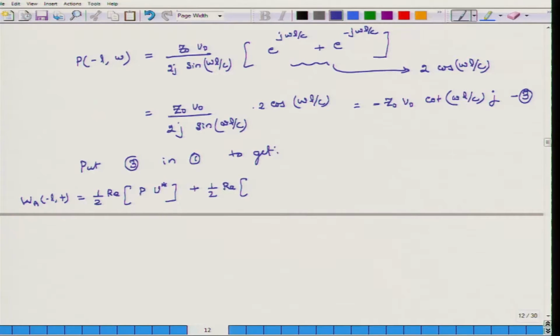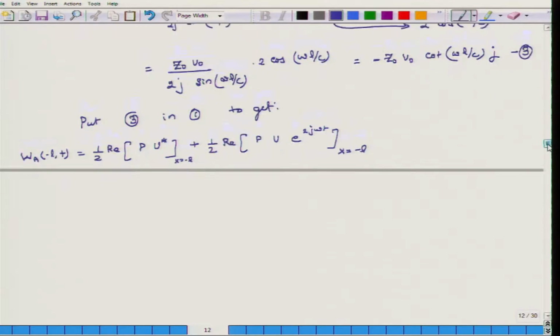So, this is evaluated at x is equal to minus L, and P u, oh I am sorry, e to the 2 j omega t, and this is also evaluated at x is equal to minus L. So, now we just put in the values.